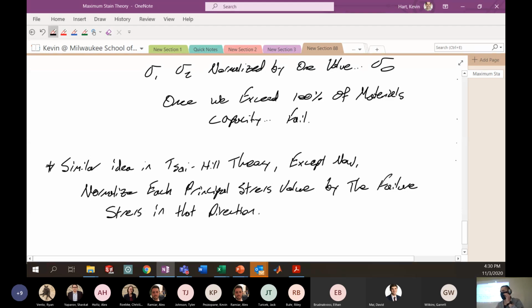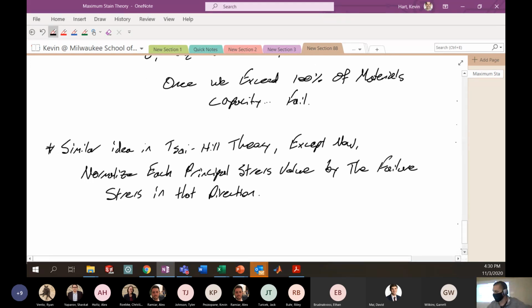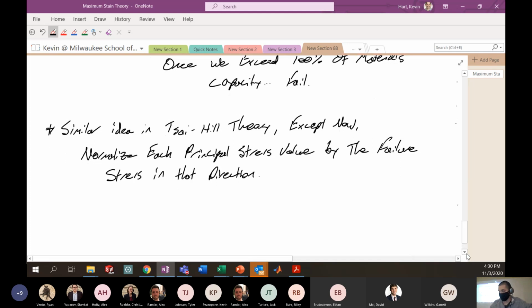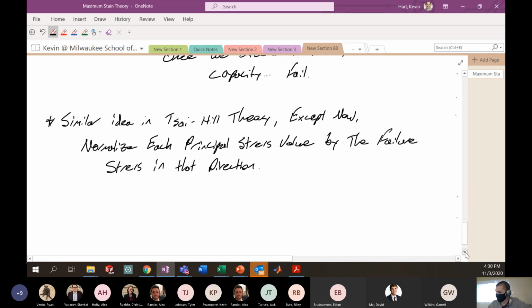For isotropic materials, you just normalize by sigma yield in every direction because the material is isotropic. For Tsai-Hill, you normalize by the failure stress in that particular direction. So the result is the following.